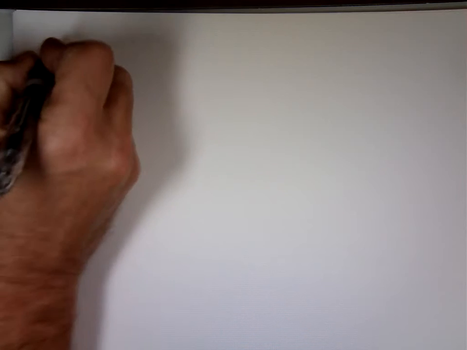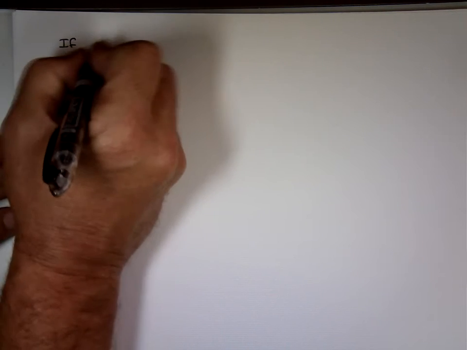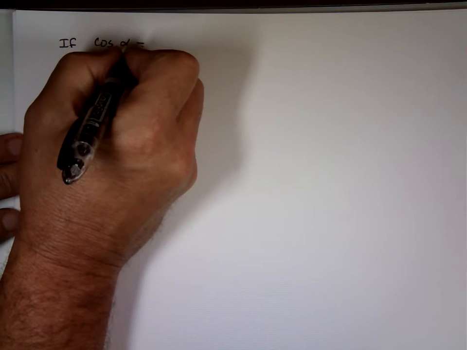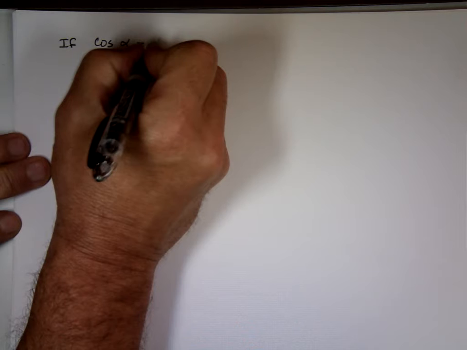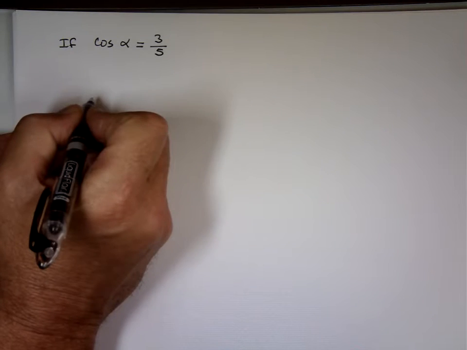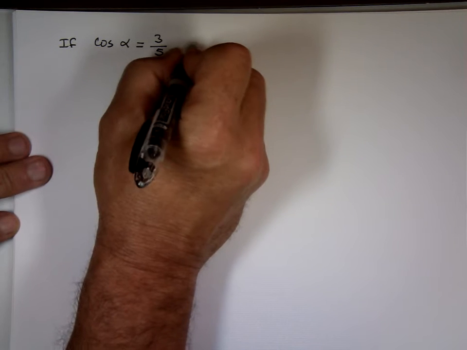If cosine alpha is equal to 3/5, and I'm going to say we are in quadrant 4.